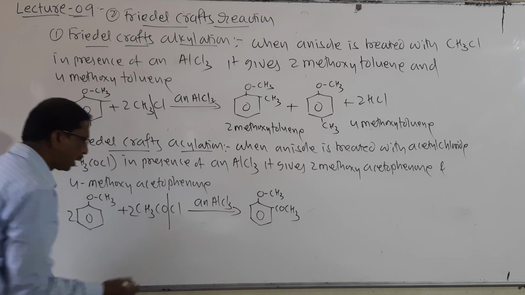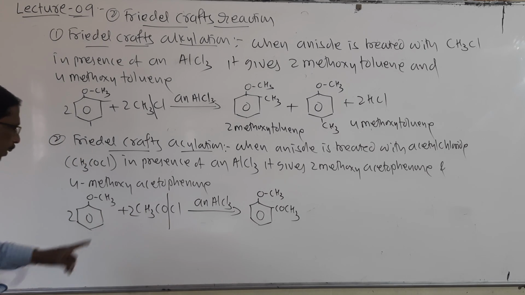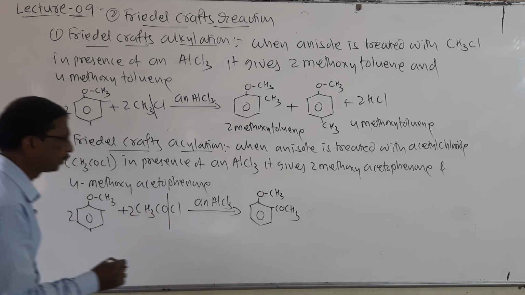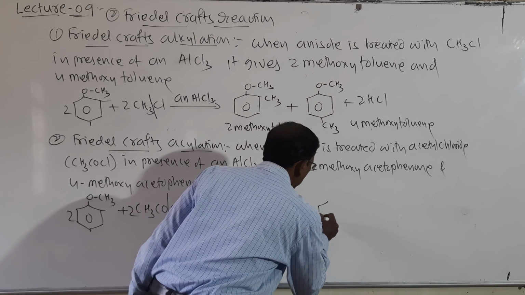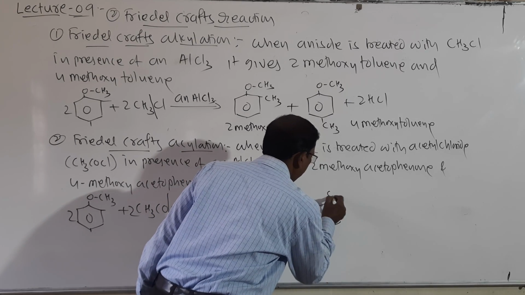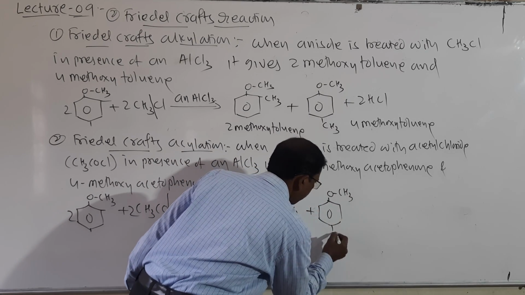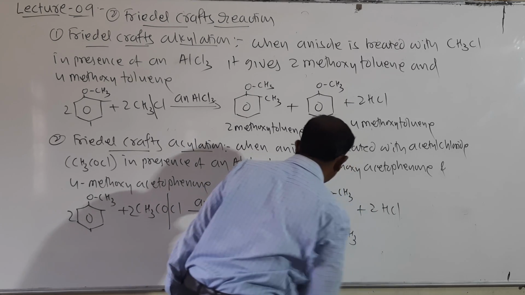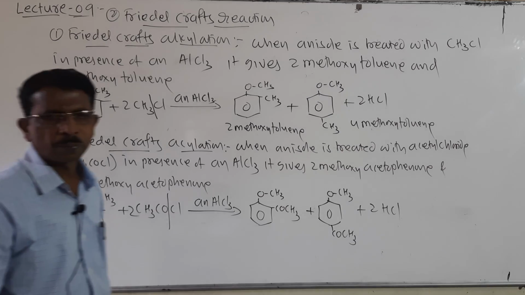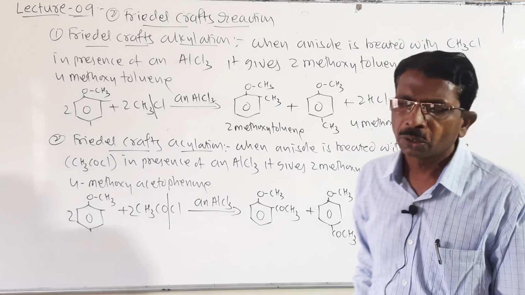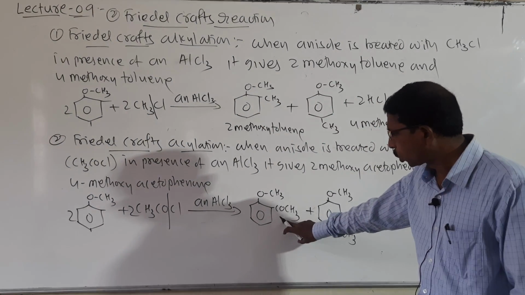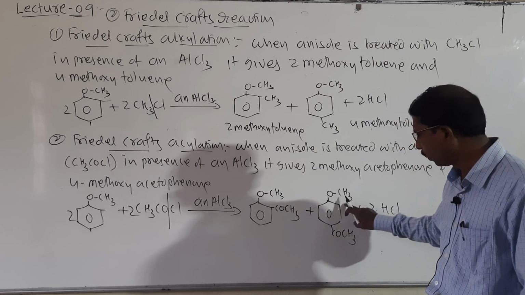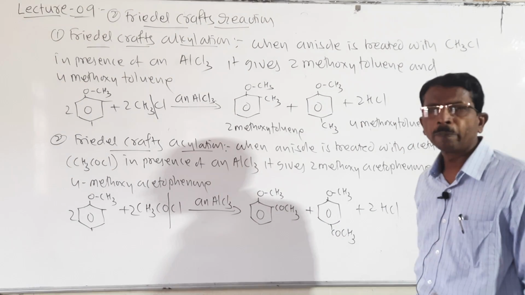So here it divides and the CO bonding takes place at the ortho and para position. Then it gives COCH3 plus HCl. Look here students, one is the ortho product, so it is 2-methoxyacetophenone and it is 4-methoxyacetophenone.